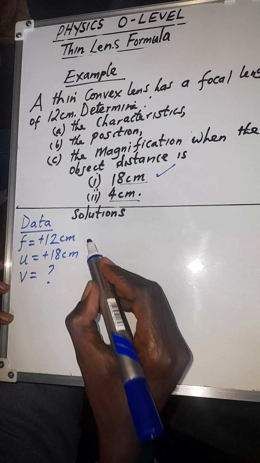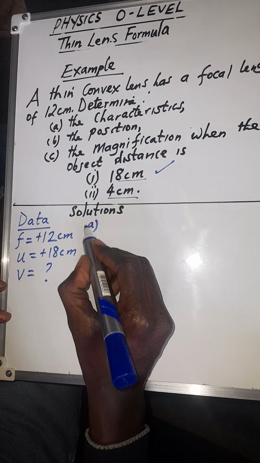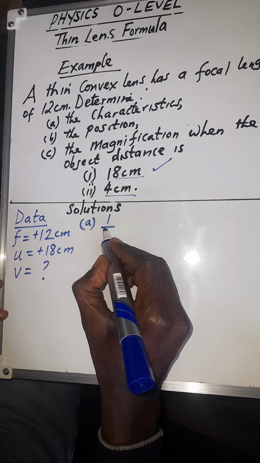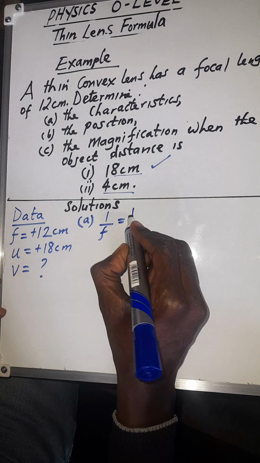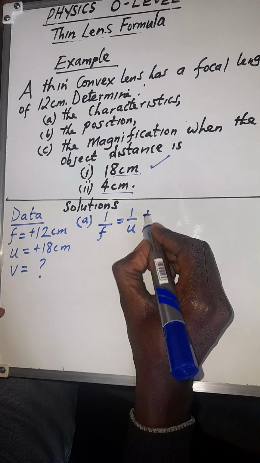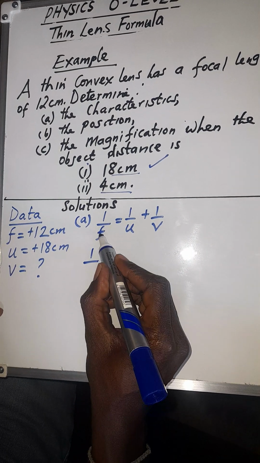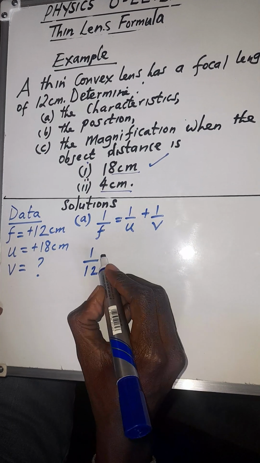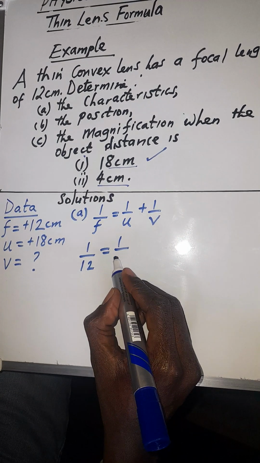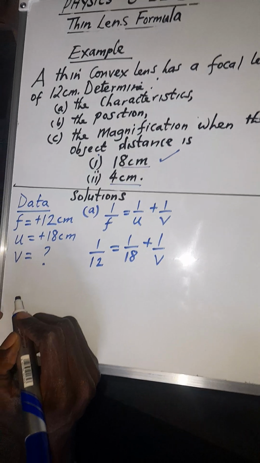So we apply the lens equation, which says 1 over the focal length is equal to 1 over the object distance plus 1 over the image distance. So 1 over 12 is equal to 1 over 18, which we know, plus 1 over v, which we don't know.